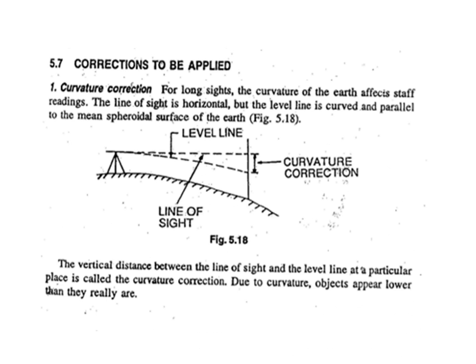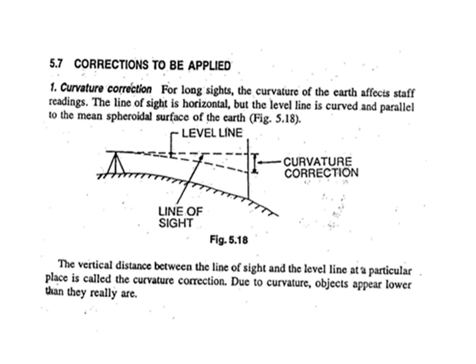So in this slide we are going to see the curvature correction. For a long sight, the curvature of the earth affects the staff reading. Therefore, the line of sight is horizontal but the level line is curved and parallel to the mean spheroidal surface of the earth. So in the figure, the instrument is shown and two lines are shown. One represents the line of sight, which is horizontal, and the other shows the level line.